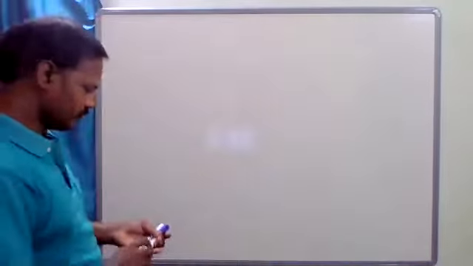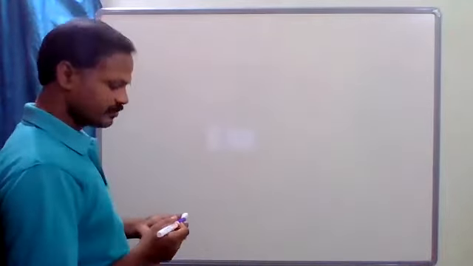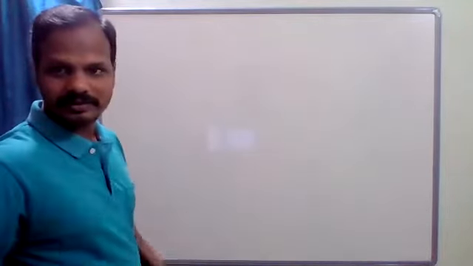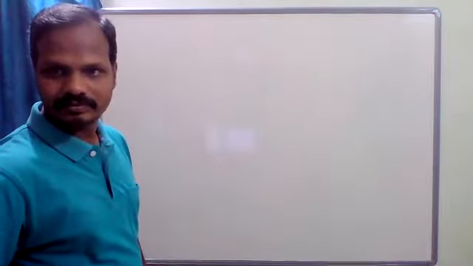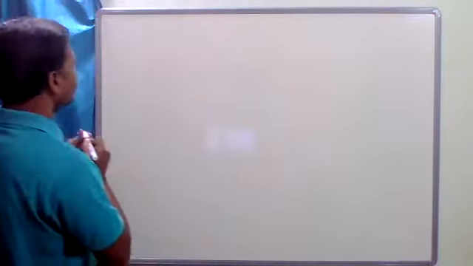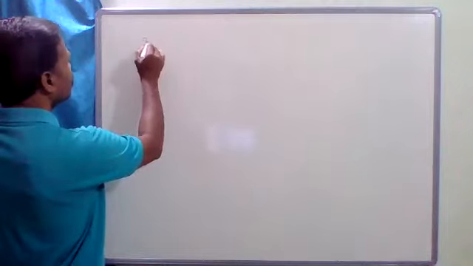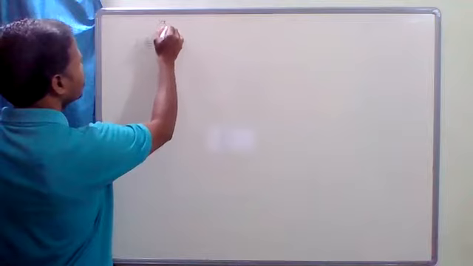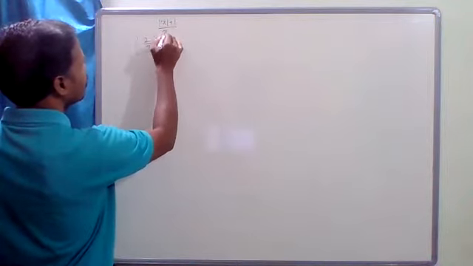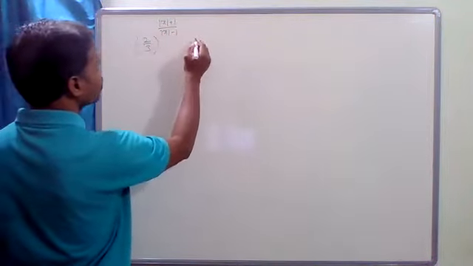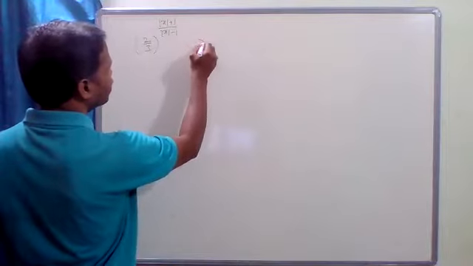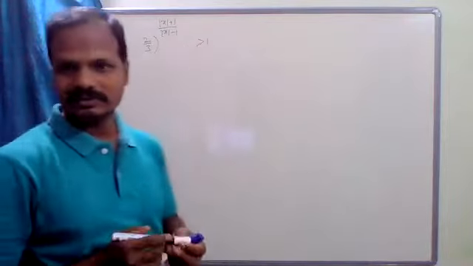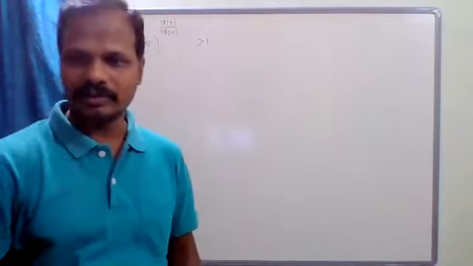Now, what is that problem? The other problem is (2/3)^(|x|+1)/(|x|-1)... is greater than 1. What is that problem?